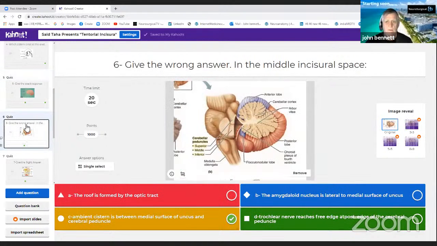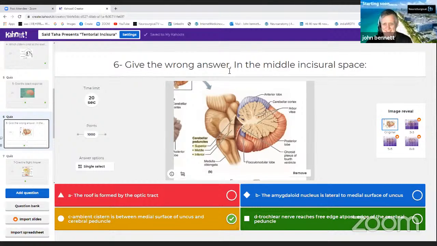Next one. It's very difficult. The question: give the wrong answer in the middle incisor space. The ambient system is between the medial surface of the ankles and cerebral peduncle.